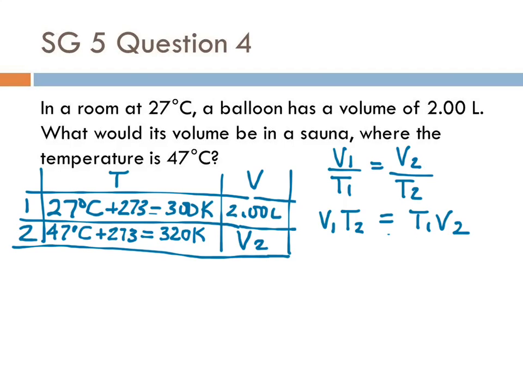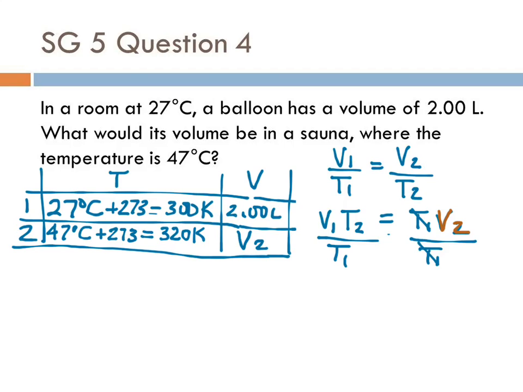So we're trying to find V2. So there's V2. Now, without the fractions in there, it's much easier to rearrange. So we look at this and we see, oh, the V2 has a T1 next to it. We need to divide by T1 and get rid of that so we can get V2 all by itself. We do that to one side. We have to be fair and do it to the other side.